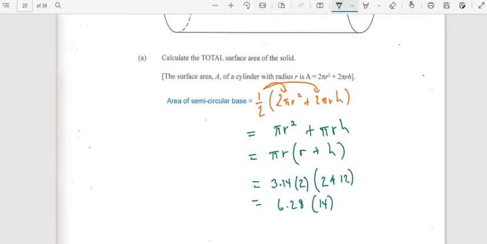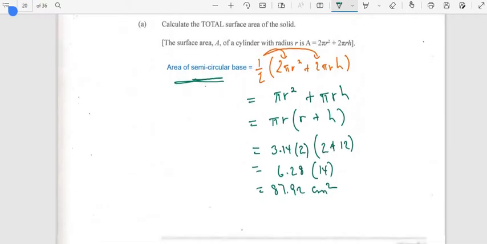So basically this is 87.92 square centimeters. That's the area of the circular base, a semicircular base. Now we need to find the area of what?